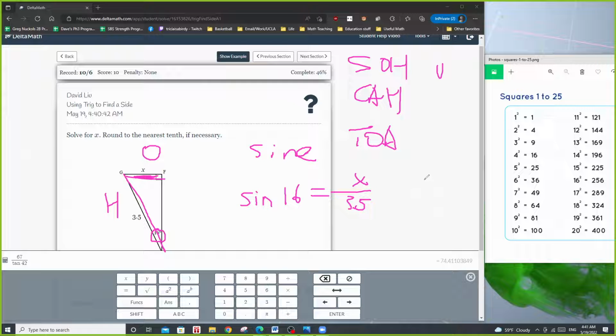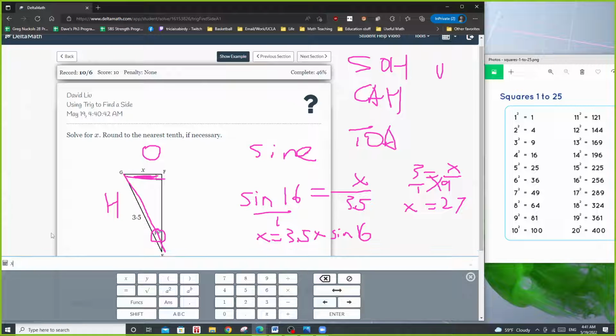And once again, similar to cross multiplying, pretend we had 3 equals x over 9. We just cross multiply, x equals 27. Same here. x is equal to 3.5 times sine of 16. So x is on top, so this time we just multiply. We don't have to manipulate too much, we just multiply: 3.5 times sine 16.